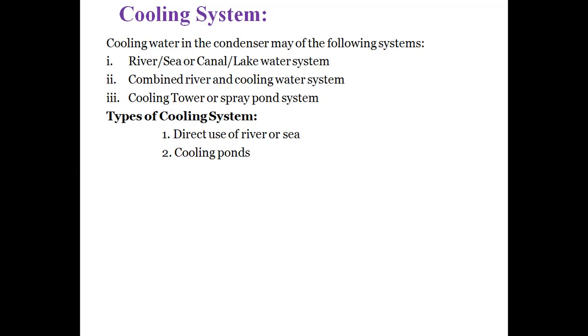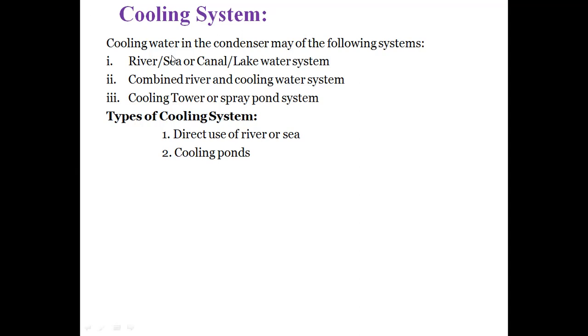This means a 1000 megawatt station will require about 10,000 tons of circulating water per day, even with the use of the cooling systems. So the source of the cooling water chosen must supply the required quantity. The cooling water in the condenser may come from the following sources.